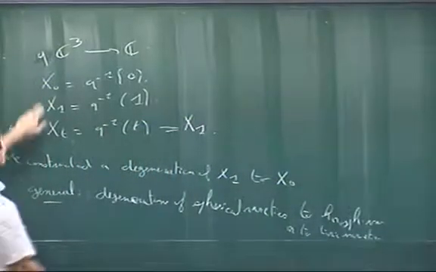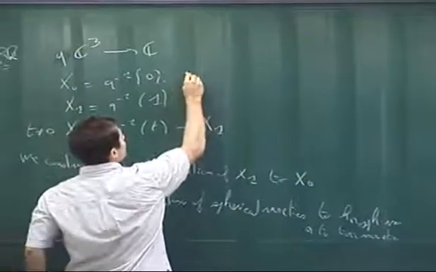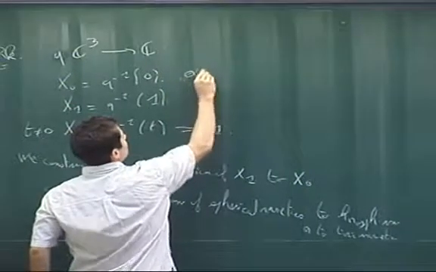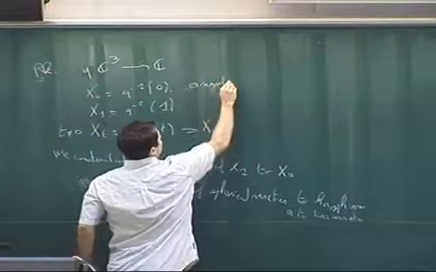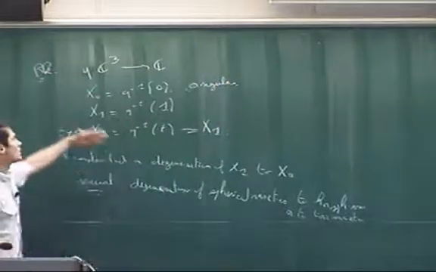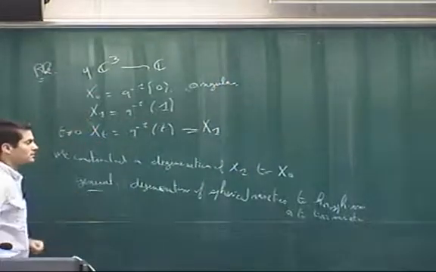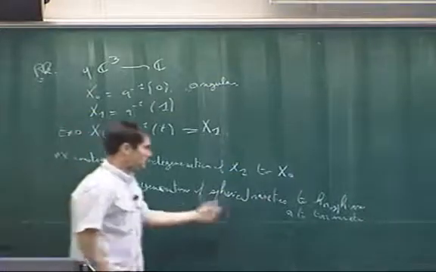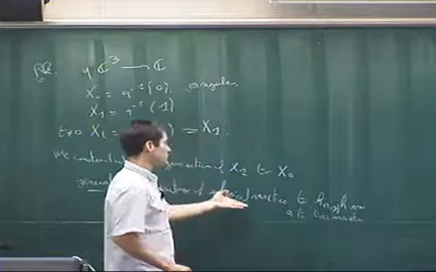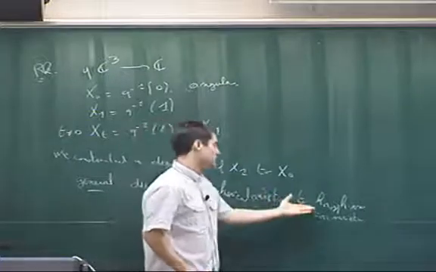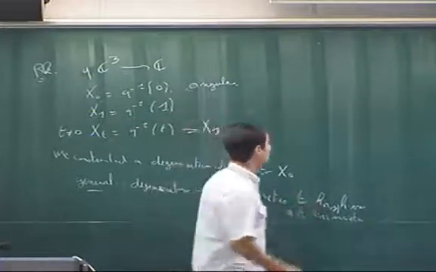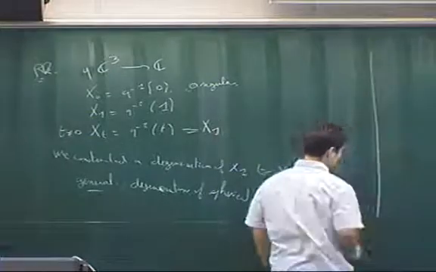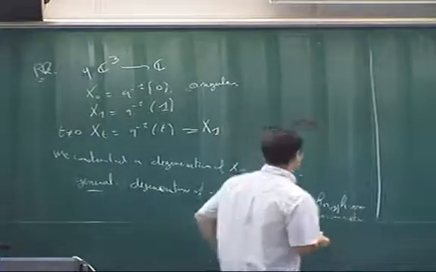But remember that x0 was singular, so we don't keep the same regularity when we degenerate these varieties. So if we start with a smooth variety, we don't in any case have a smooth variety when we degenerate it.